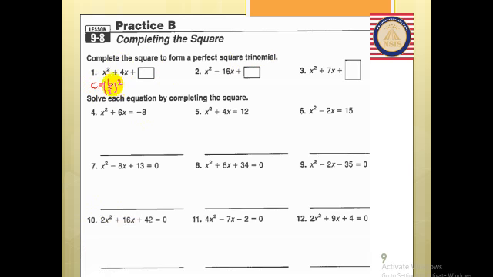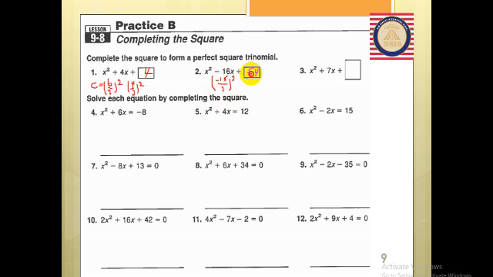Very good. 4 over 2, all power 2: 4 over 2 is 2, and 2 power 2 is 4. Very good, excellent. Let's see this. What's my b? It's negative 16. So negative 16 over 2, all power 2. Negative 16 over 2 is negative 8, and 8 power 2 is 64.